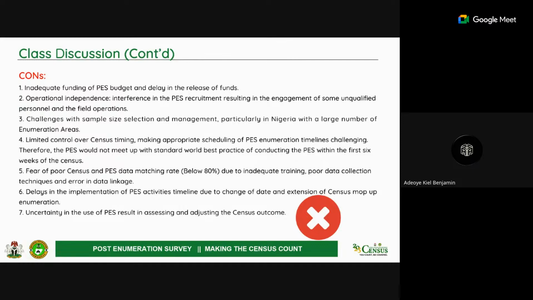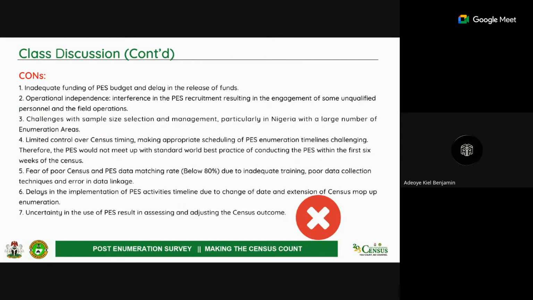Then there are delays in the implementation of PS activities due to likely extension of census enumeration. You know the census timeline; we are working back to back with it. If the census goes on longer, it affects our time, so we don't have control of it. So these are our cons. Then there is uncertainty in the use of PS results for assessing and adjusting census outcomes.